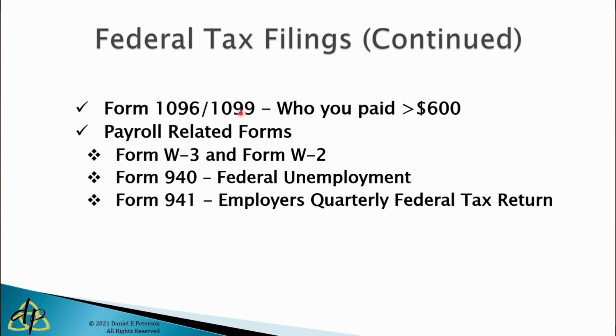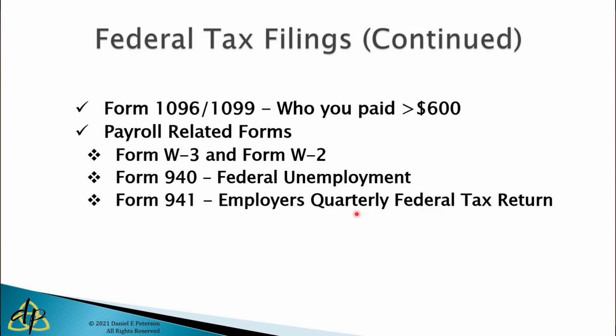Other federal tax filings include your payroll-related filings, your Forms W-2 and W-3 that are submitted to the Social Security Administration and to the individual employees on an annual basis, the Federal 940, which is your federal unemployment taxes that is filed on an annual basis, and the Form 941, which reports your wages, federal income tax, and Social Security tax that have been withheld and the company owes on the payroll for each quarter.